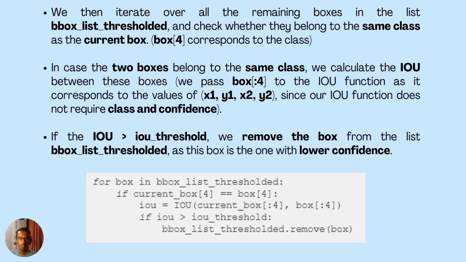Then we create another for loop, and we iterate over all of the boxes inside the bbox list thresholded list. And now we use the fourth element of the box, which is the class of the box.